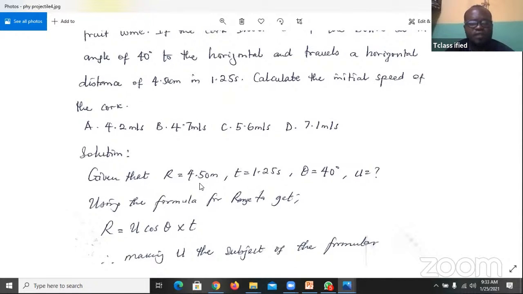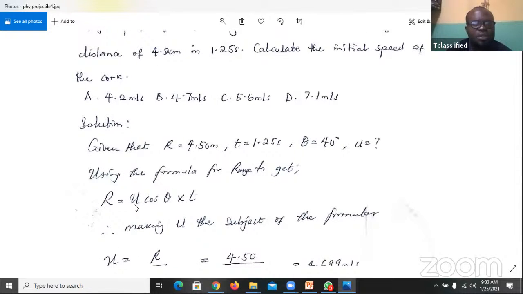So when you want to solve such problems as this, you need to state the things that are given. The range is given as 4.5, which is the distance traveled. The time is 1.25 seconds. The angle of projection is 40. So the initial speed is what you need to calculate. The formula is u cos theta times time.